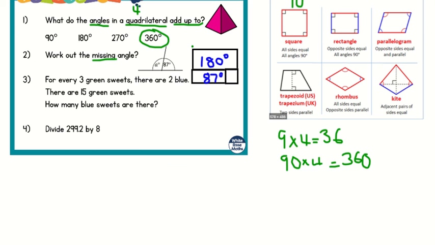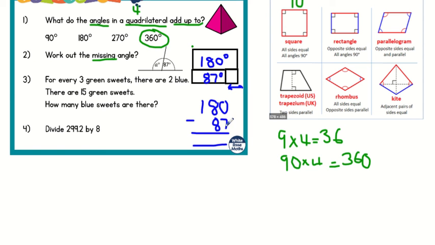So how can I work out that missing number then, Year 6? What could I do? Well, hopefully if we were at school, you'd be saying to me, and I'm sure lots of you are saying the same at home, I have to do 180 subtract 87 to find the difference, this remaining amount here.